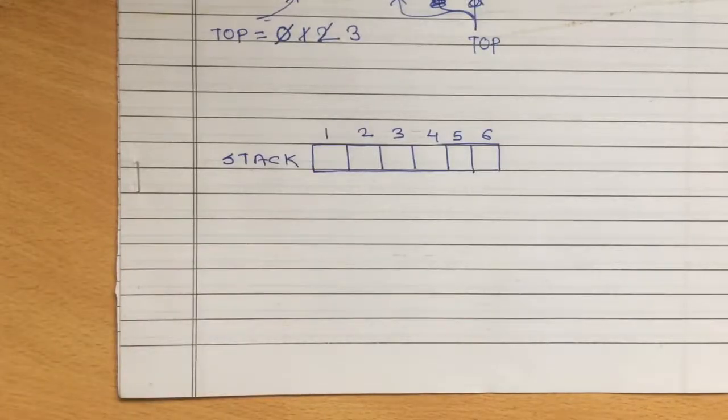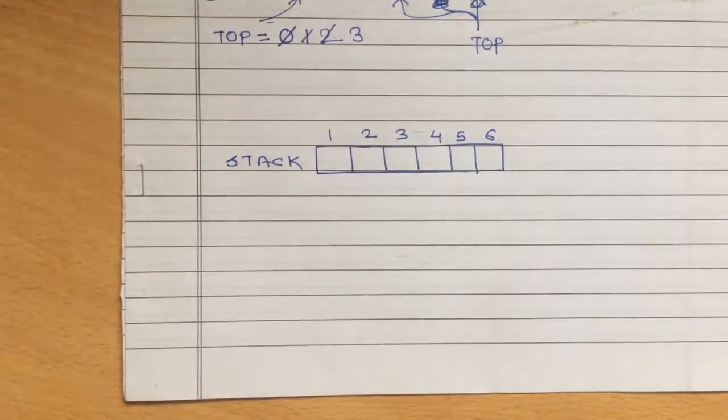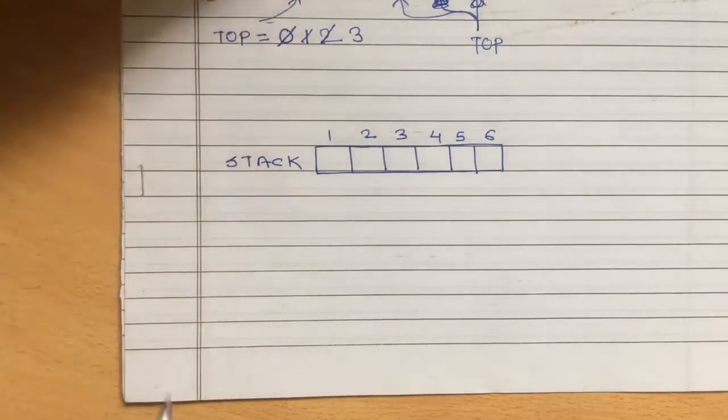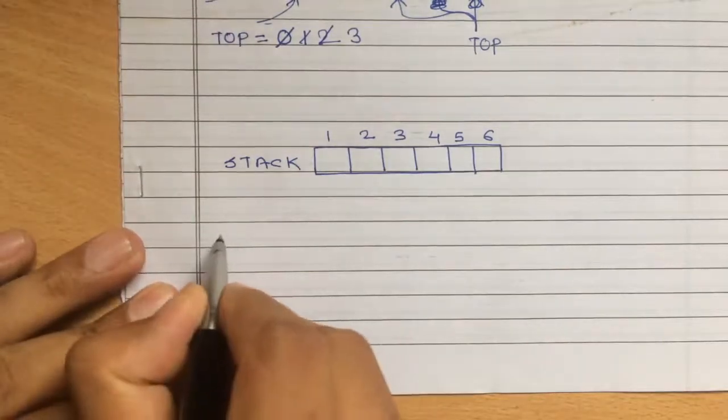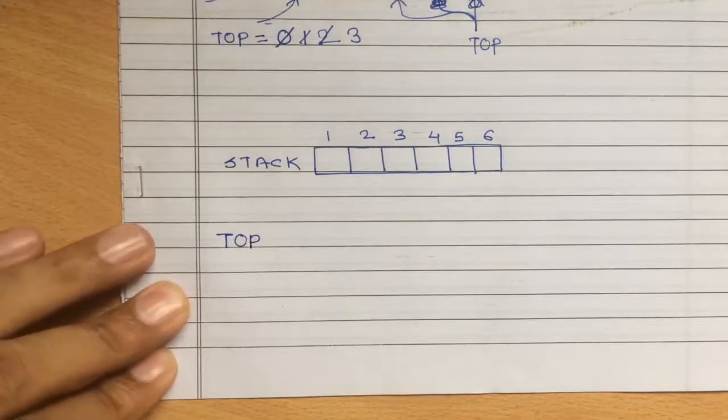As I said initially, in this array representation of stack, we are going to deal with 2 terms. Which are the 2 terms? The first term is called top. So what is this top?